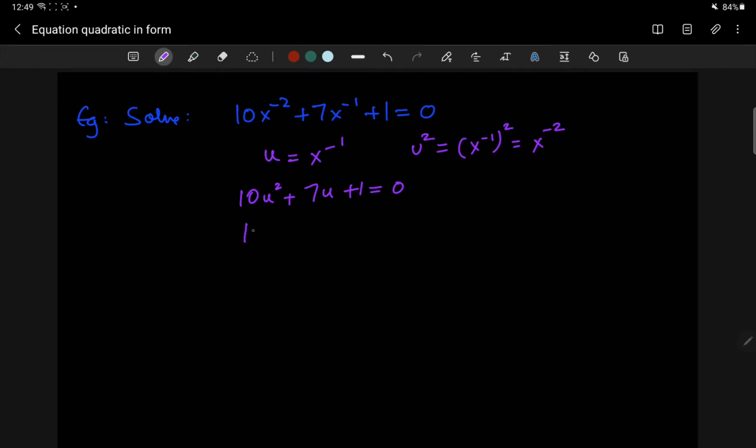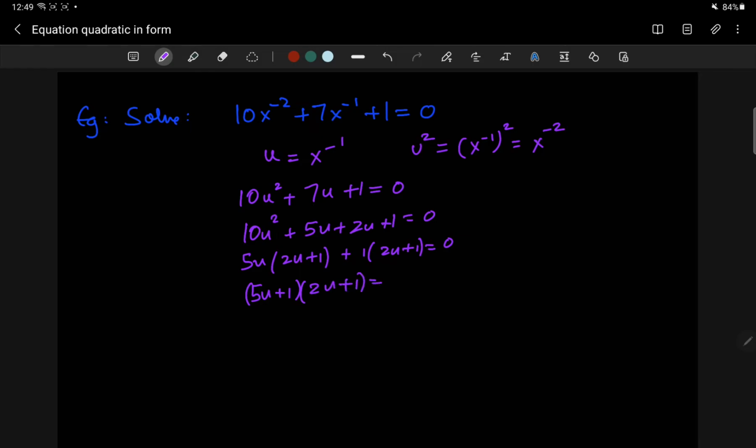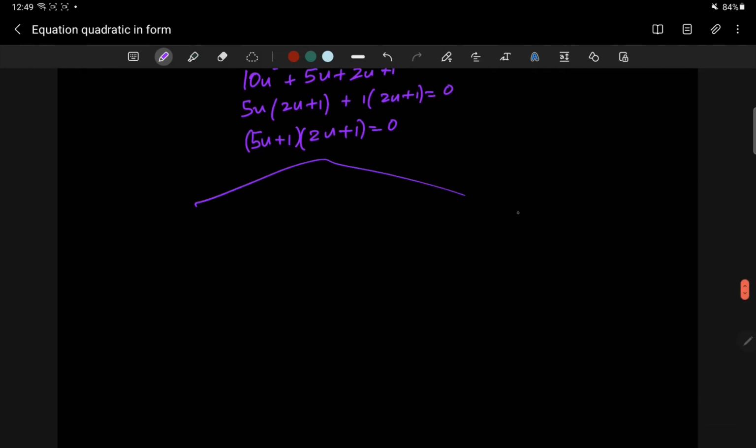Now for this, I'm going to split it as 5u and 2u plus 1 equals 0. Taking out 5u common, I have 2u plus 1, plus 1 times 2u plus 1, giving me 5u plus 1 times 2u plus 1 equals 0. This gives me two solutions: u is negative 1/5 and u is negative 1/2.